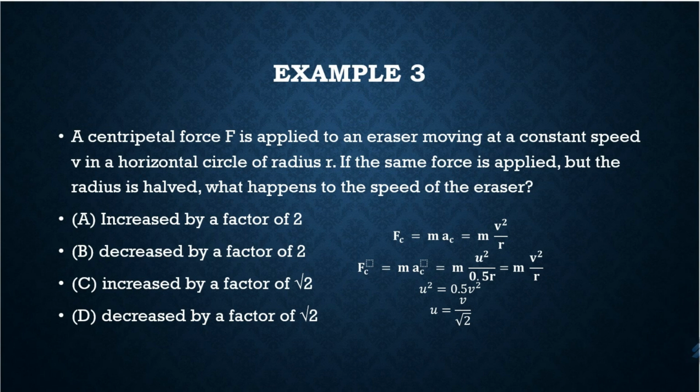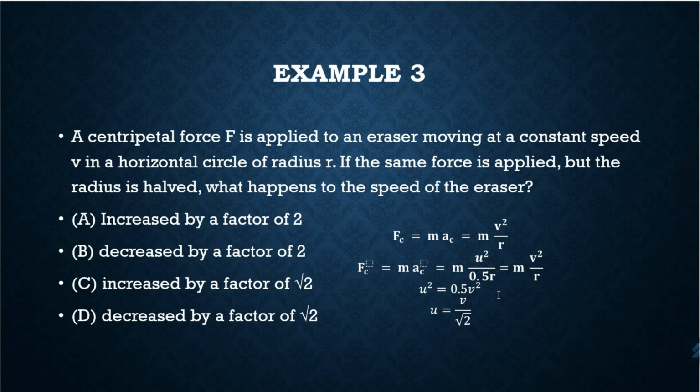Setting the original force equal to the new force, we write m u squared over half r equals m v squared over r. Simplifying, we obtain u squared is 0.5 v squared.